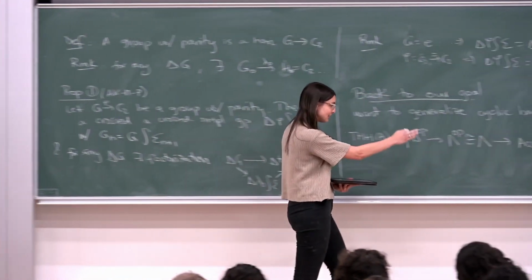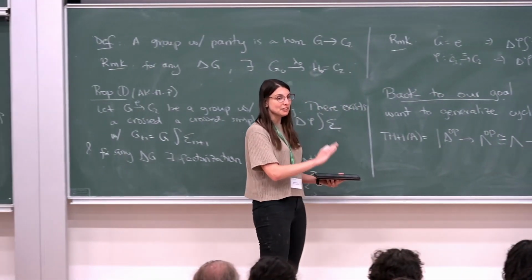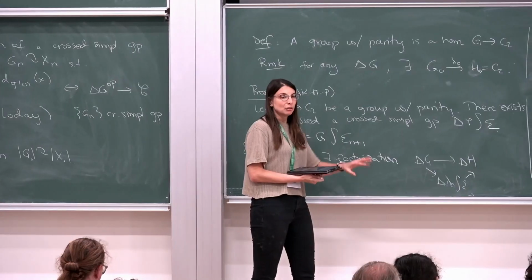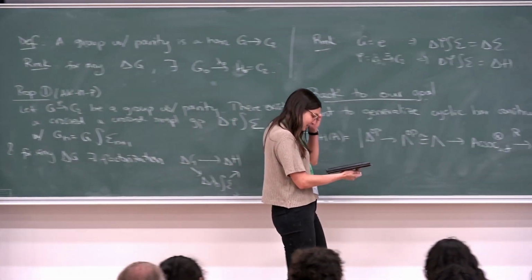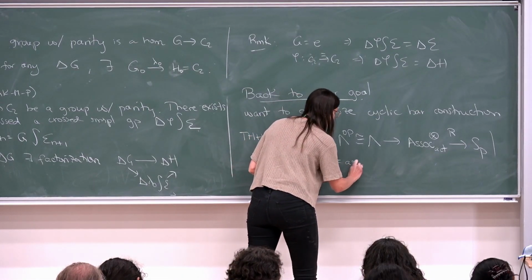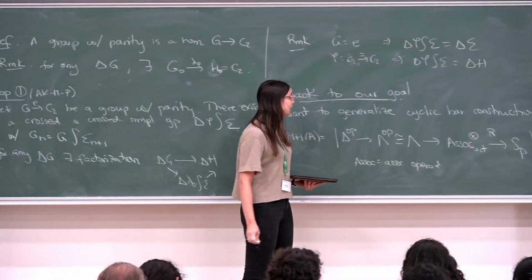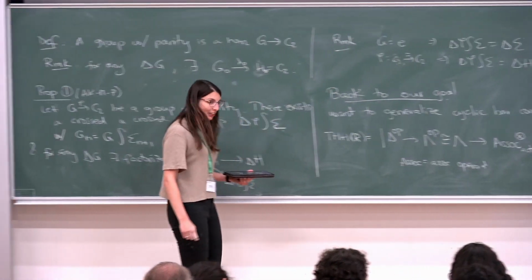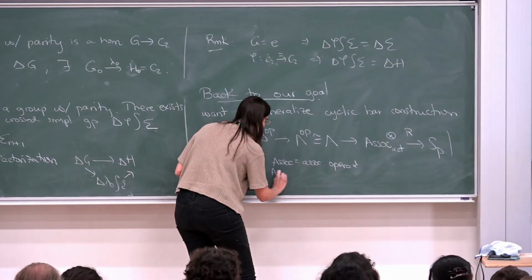I'm going to come back to this because we'll want to really analyze each one of these pieces. For now, if you're not familiar with all of the ingredients, I will come back to all of these. Here, assoc is the associativity operad. Let's make this R.